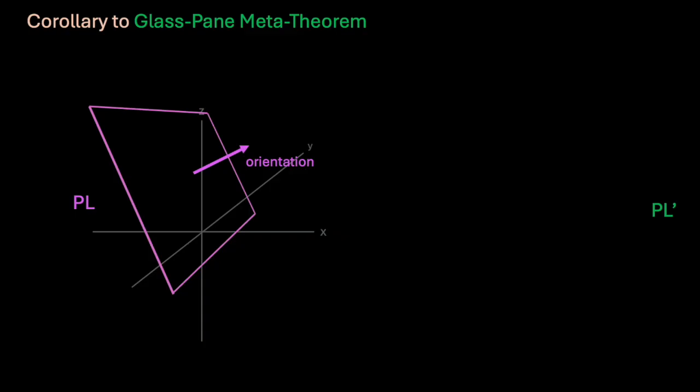Okay, so let's take a quick look at the computational approach to doing that. So we have plane PL at some arbitrary orientation. We can assume it started as a plane in the XY plane and got a rotation applied to it. That would imply that the origin is contained within the original plane and the rotated plane. So we're going to now see what it takes to put that plane PL back onto the XY plane.